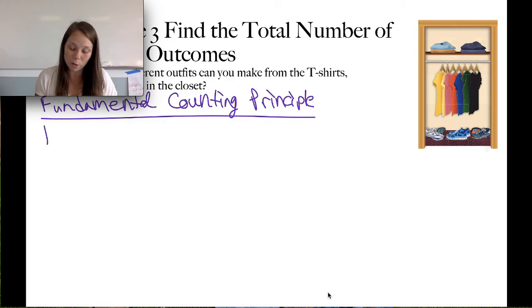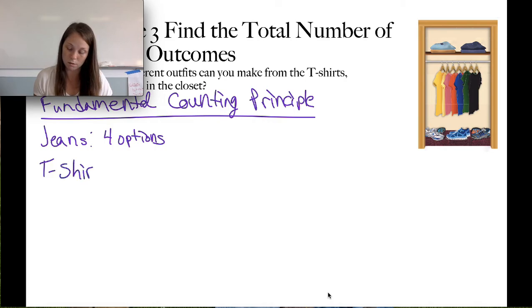When we're using the fundamental counting principle, we need to figure out how many we have of each category. So in our closet, we have 4 options for our jeans. For our t-shirts, we have 7 options. And for our shoes, we have 3 options.